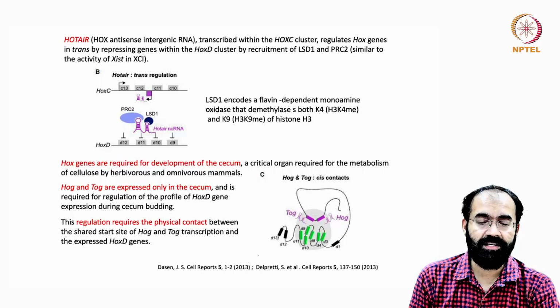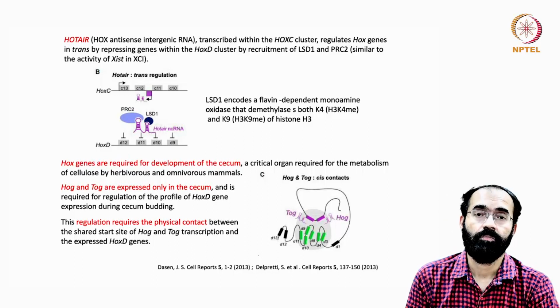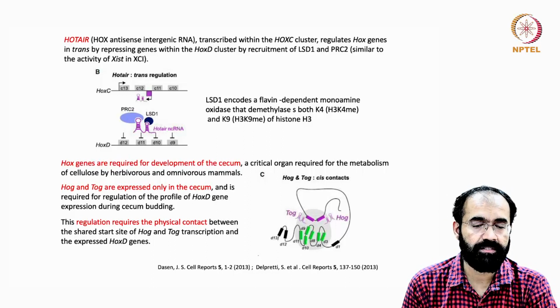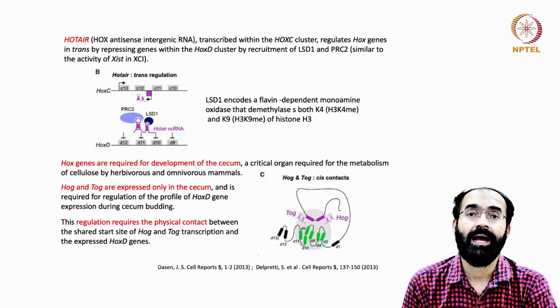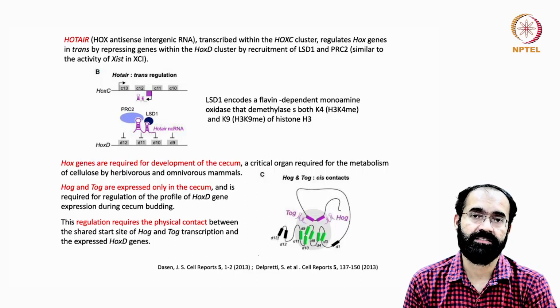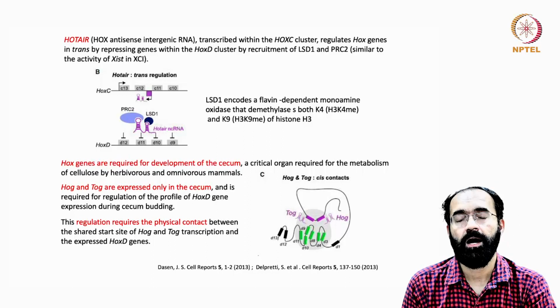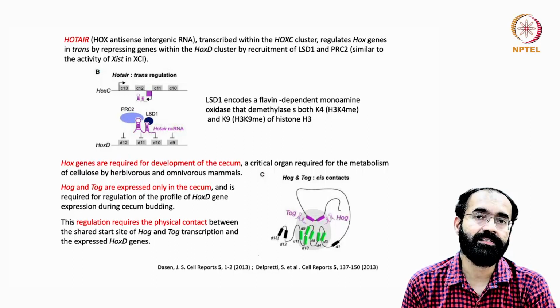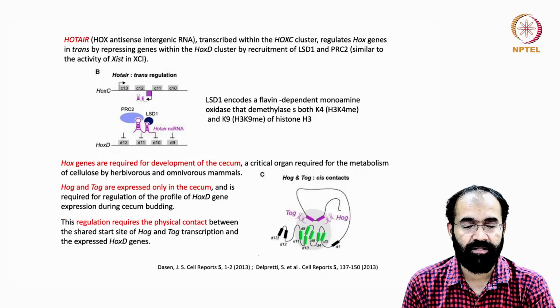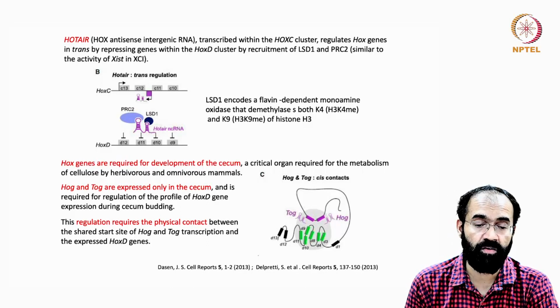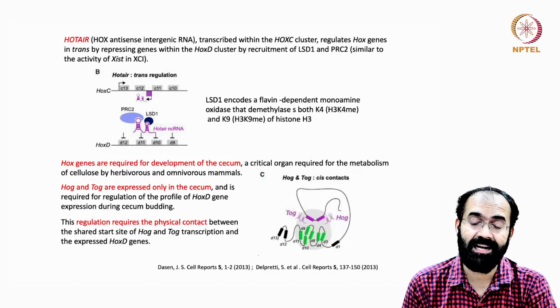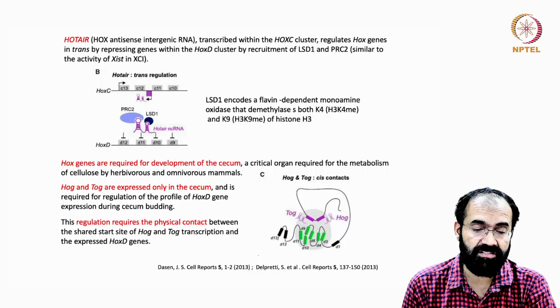So what we should understand, the HOTAIR, while staying along with the Hox intergenic region, can influence the HOXC gene, and it negatively regulates the HOXC gene expression. Or in other words, negatively regulate doesn't mean that it is always turning it off. So it makes sure that when it is transcribed in the HOXC cluster, it can repress the HOXD.